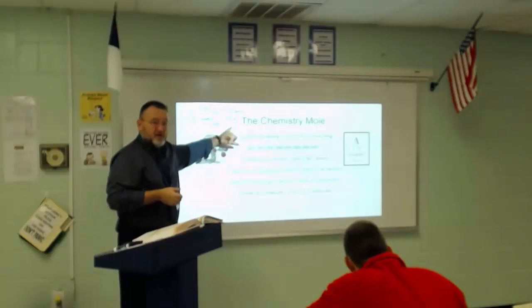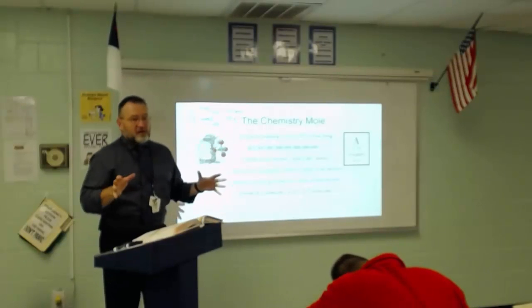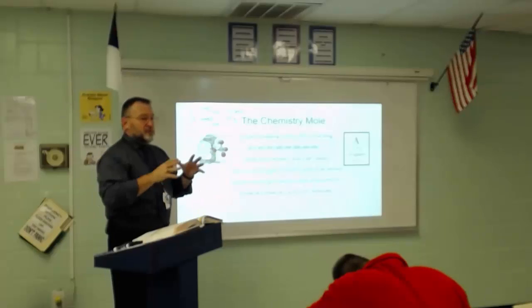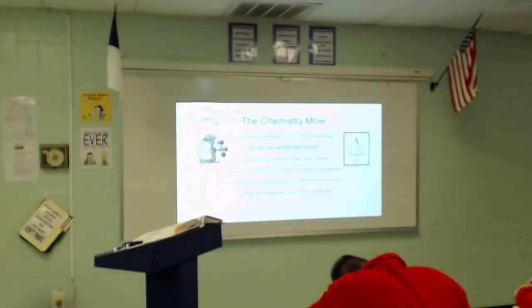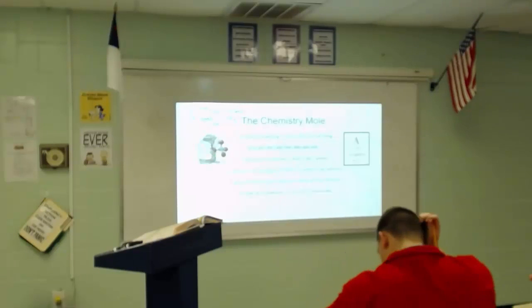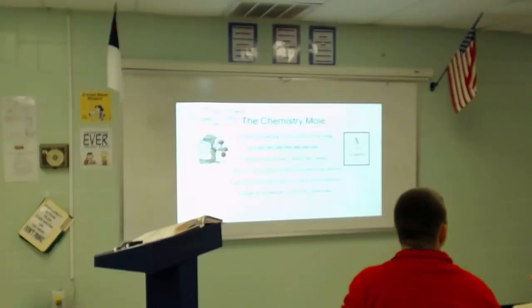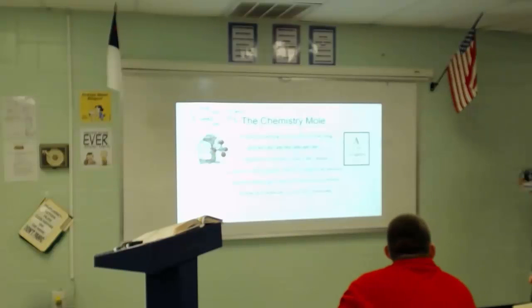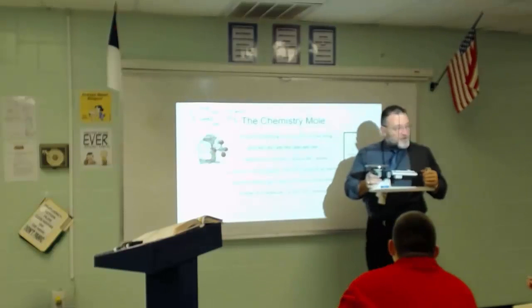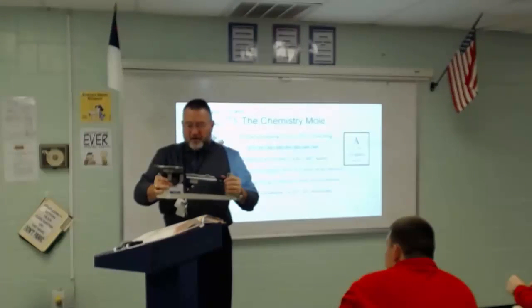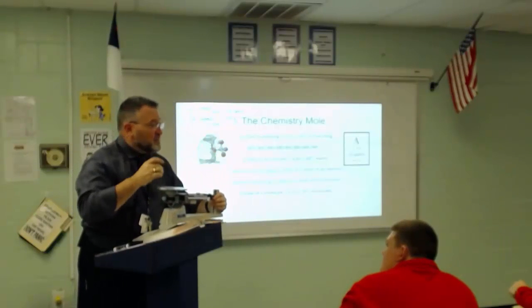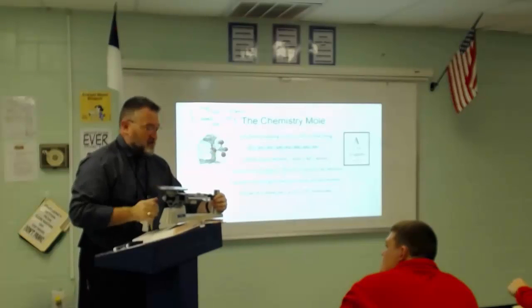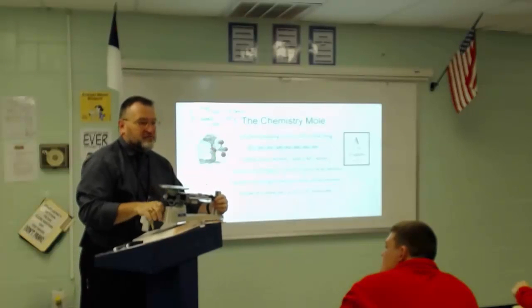And guess what? 12 grams is well within our ability, well within the precision of our triple beam balance over here. So if we had a sample of carbon, we could take a triple beam balance, we could set it for 12 grams, and we could slowly shake off carbon onto the surface here until it balanced at 12 grams.